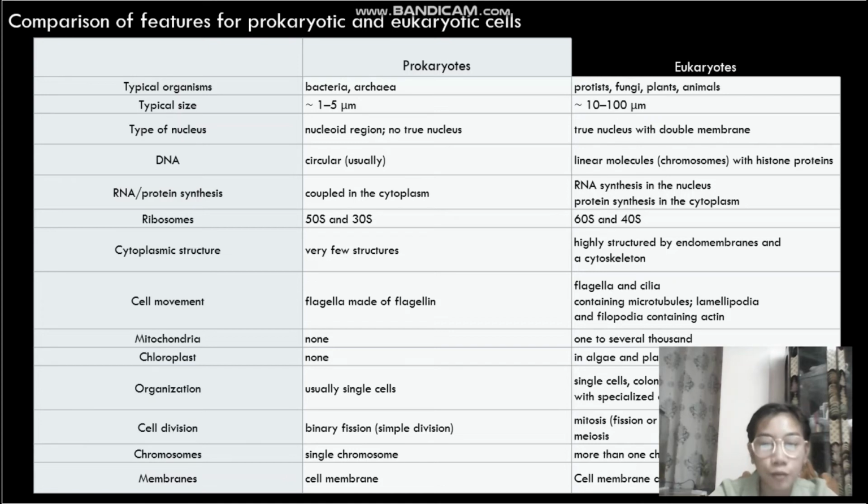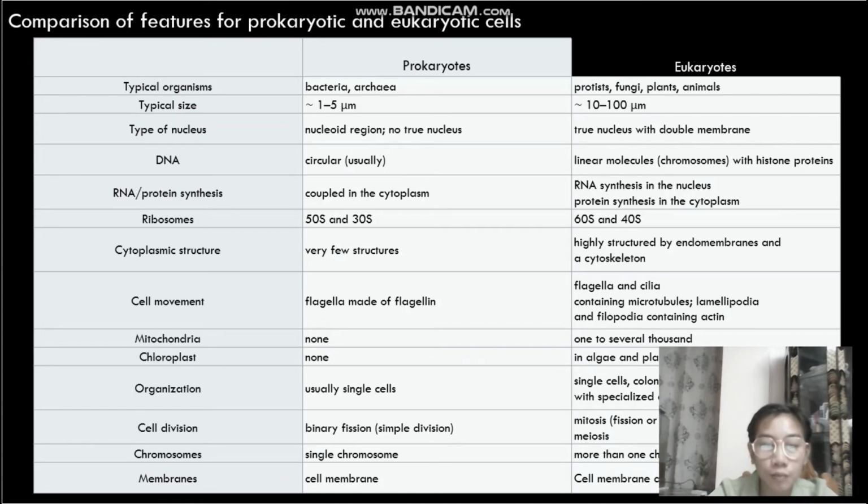For the mitochondria, prokaryotes have none, while the eukaryotes have one to several thousands.